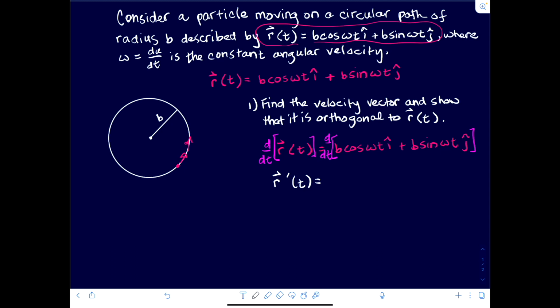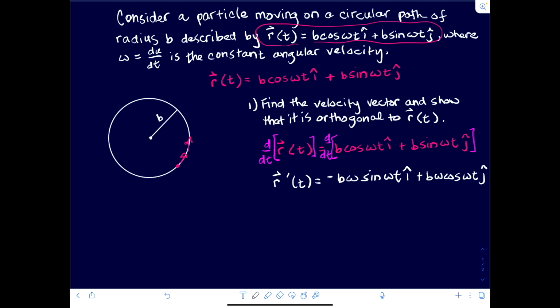So at the end of the day, we will get negative b times omega times sine omega t times i. Sorry, that negative's a bit low. And then plus b times omega times cosine omega t j. Good so far?